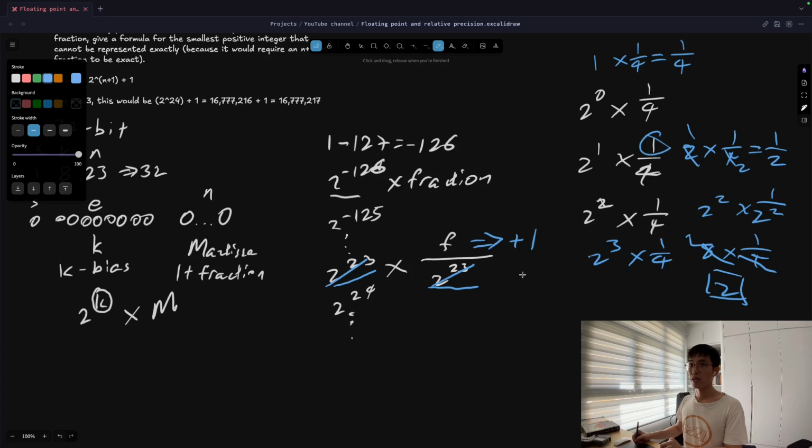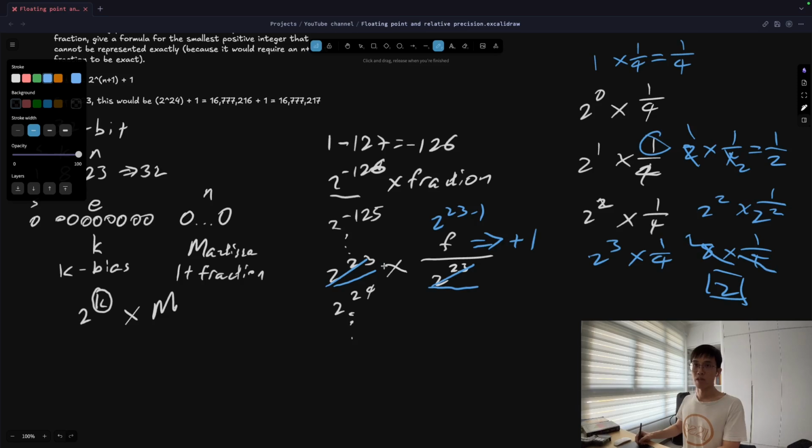So when f is 2 to the 23 minus 1, that is the largest value that can be represented when the exponent k is 23. When we add 1 to the value, because the value of n here is all ones, the value of n will increment by 1, so it will become all zeros.